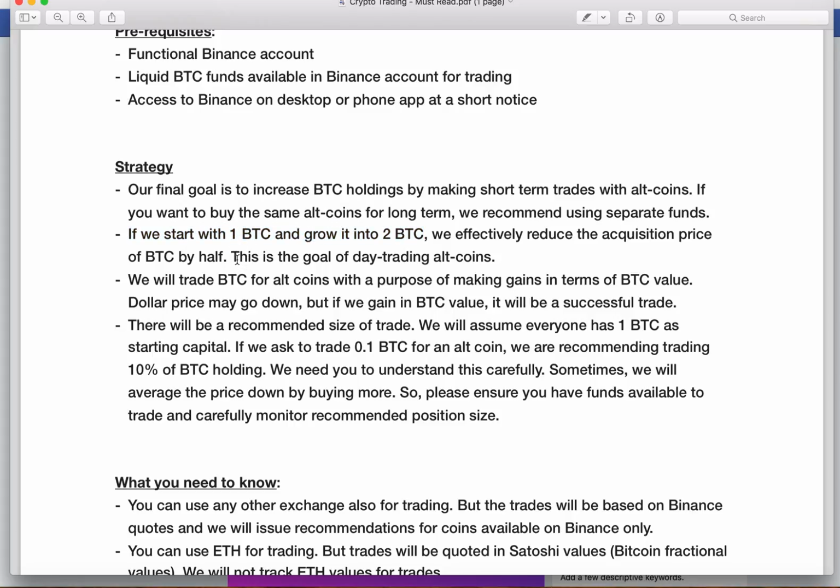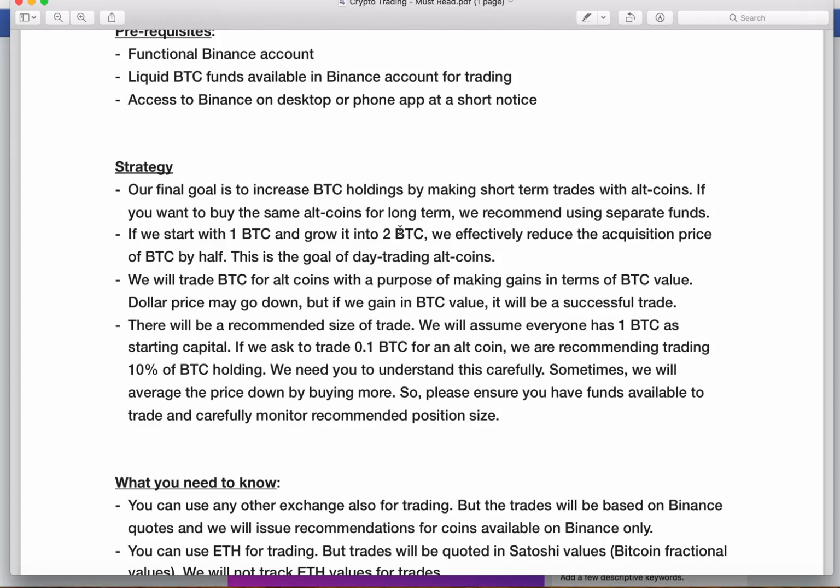There is a possibility during this process that Bitcoin itself is going down, and you may feel that in dollar terms your portfolio value is going down. Now that is something we don't have to worry about. My assumption is that all of you are investing in Bitcoin for a little longer time frame, and you want to own it.